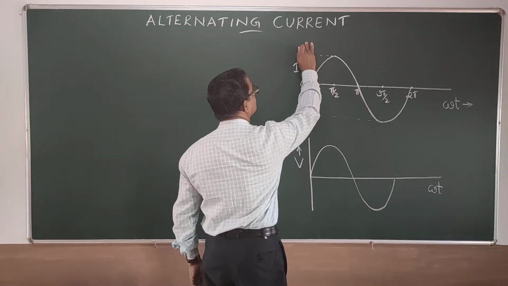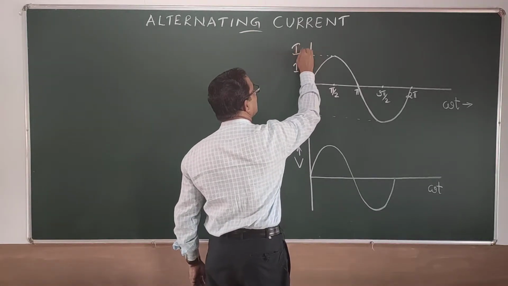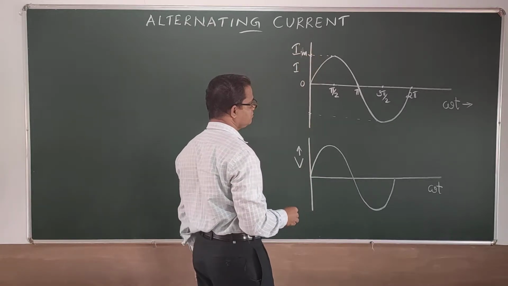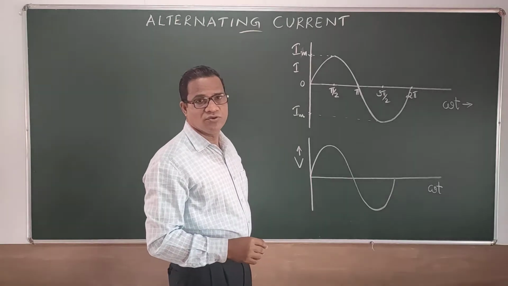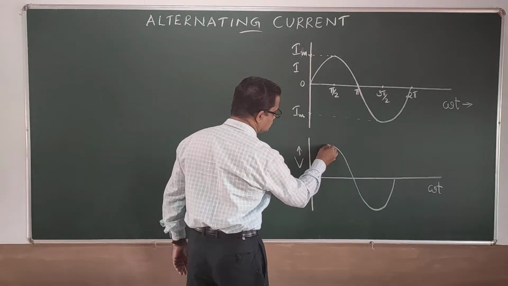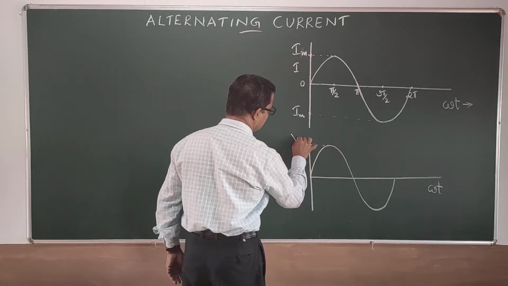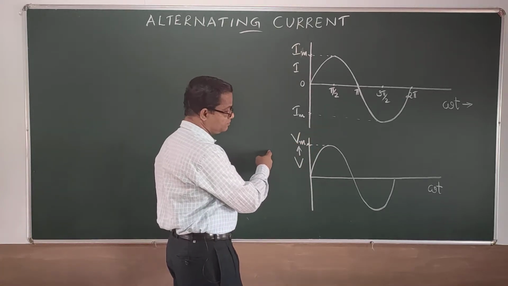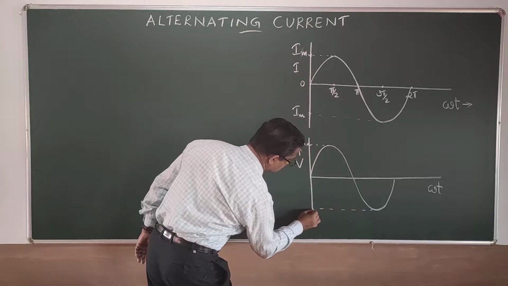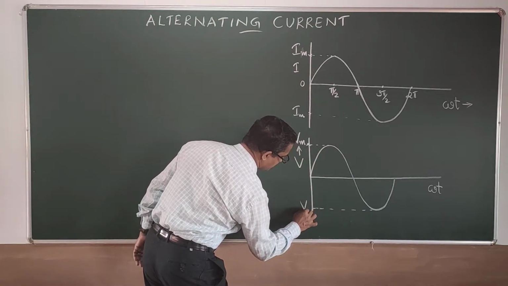This peak value we represent as Im. This is also Im, the peak value of current. Like that, here also there will be a peak value of voltage, we represent it as Vm.